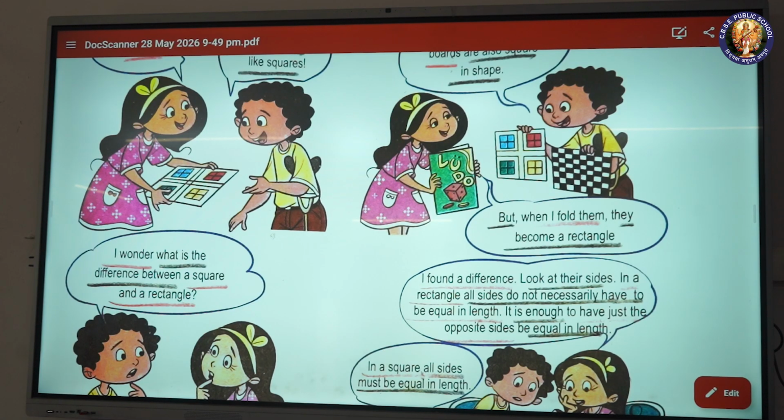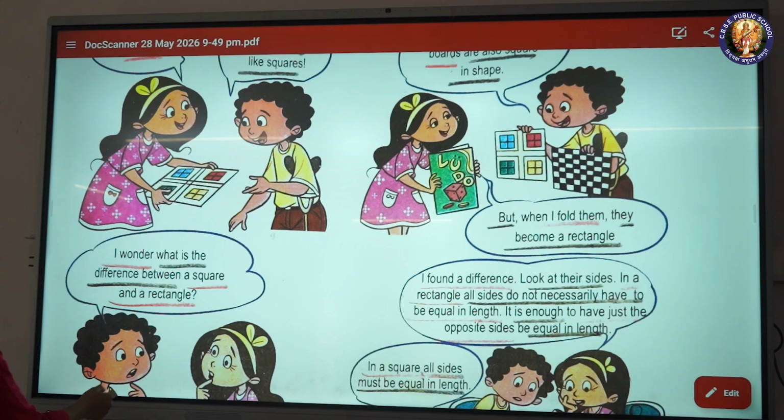I found a difference. Look at their sides. In a rectangle, all sides do not necessarily have to be equal in length. It is enough to have just the opposite sides be equal in length.